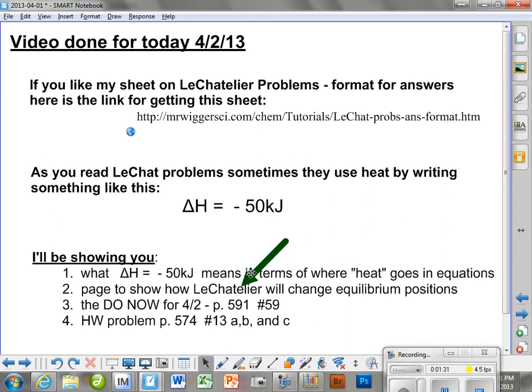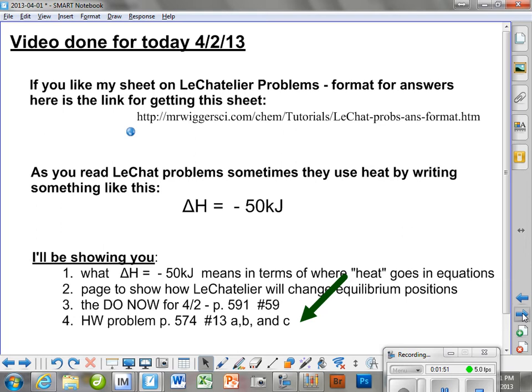I just added that page number in there if you have our textbook, and the problem number. The homework problem we're doing from last night is number 13 on page 574, A, B, and C.